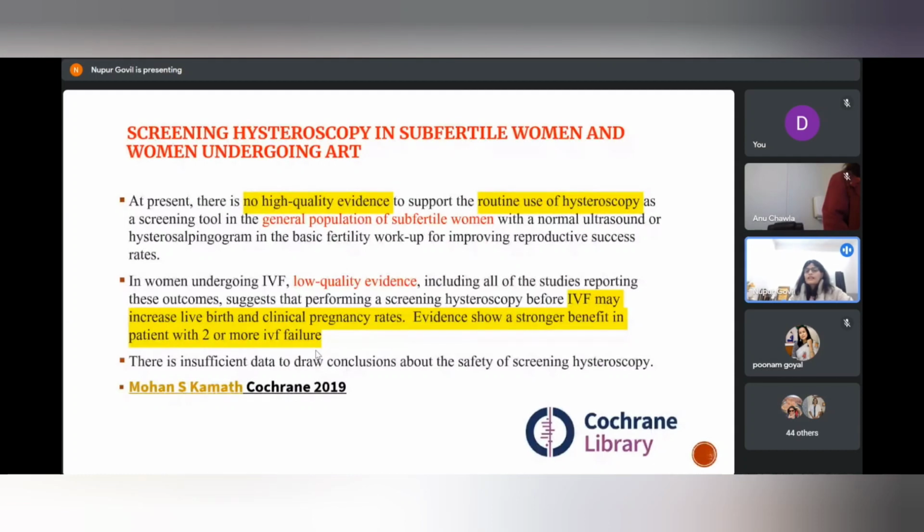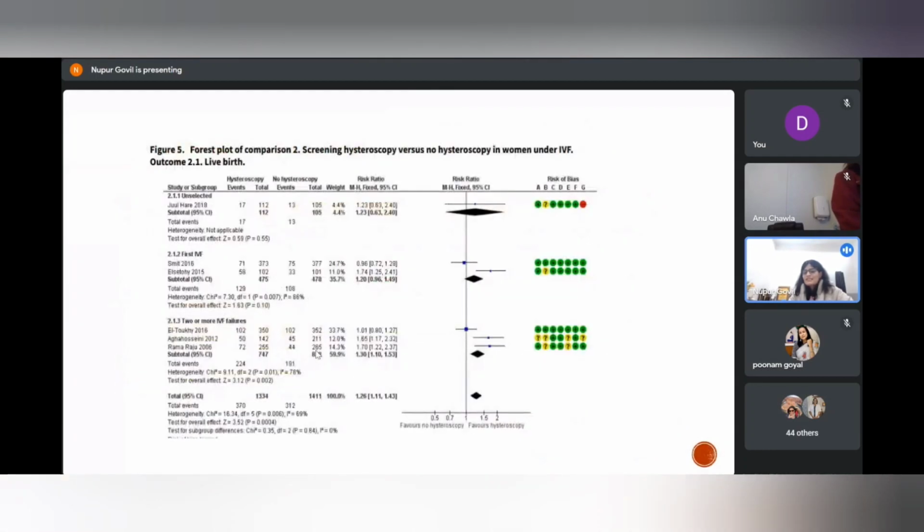But there was low quality evidence that in patients undergoing IVF, preferably those who have already had 2 or more IVF failures, it definitely has a benefit, though the quality of evidence was low. If we see this forest plot, the strength of evidence is lower for patients with a first IVF, but for 2 or more IVF failures, there is definitely a favor towards hysteroscopy.